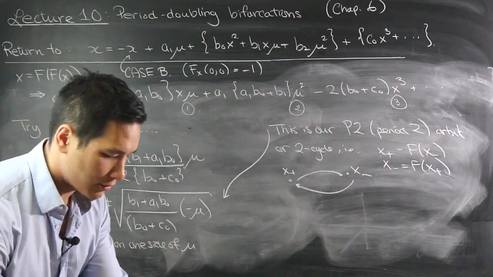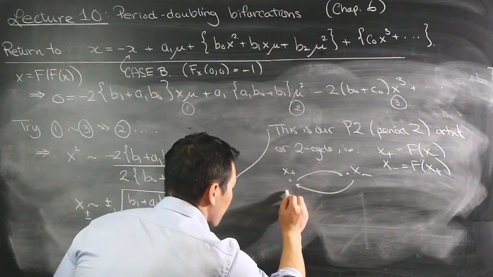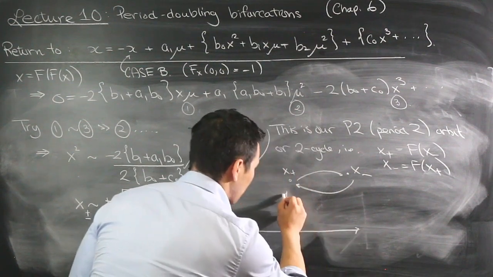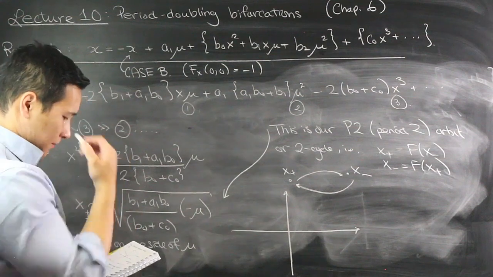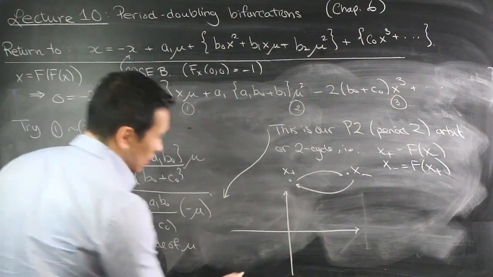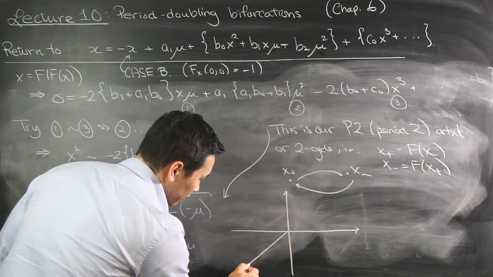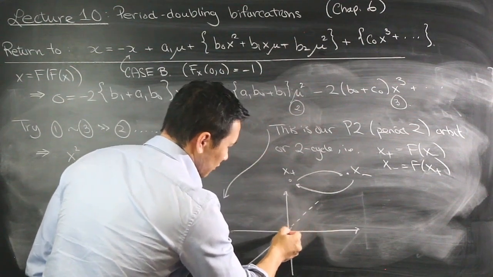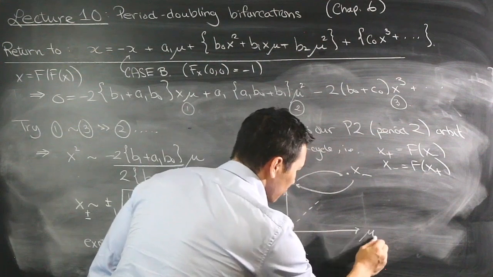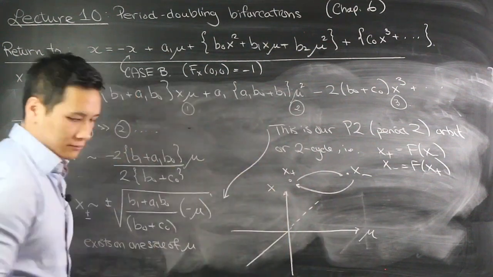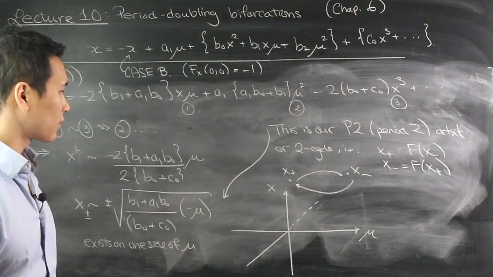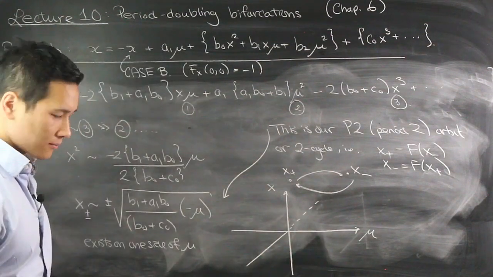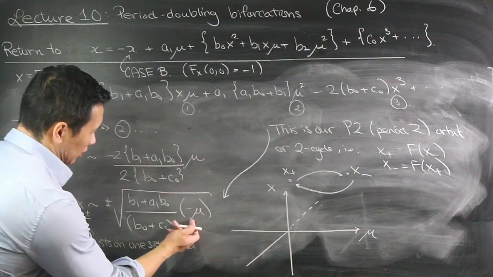I'll draw it down here. So the bifurcation diagram is as follows. I think I drew it solid before and then dashed afterwards like this. This is mu here. This is x here. And so this was the previous fixed point. And you also know that it looks like a root mu.